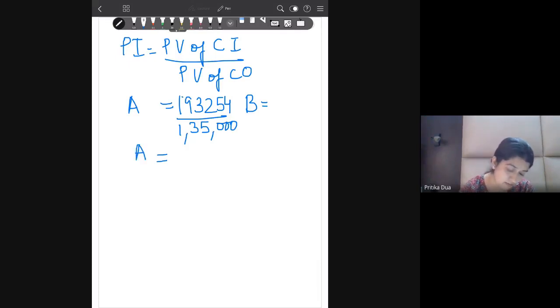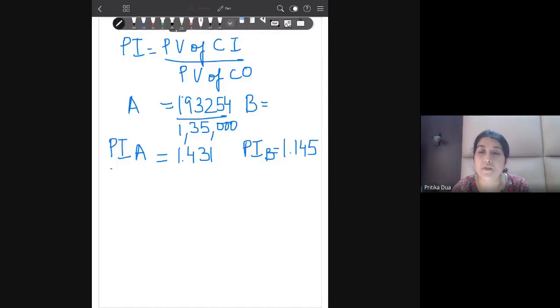So for machine A, PI is coming to 1.431 and for machine B 1.145. How do you interpret the value? You will say for every 1 rupee invested in machine A, we are getting a return of 1 rupee and 43 paisa.